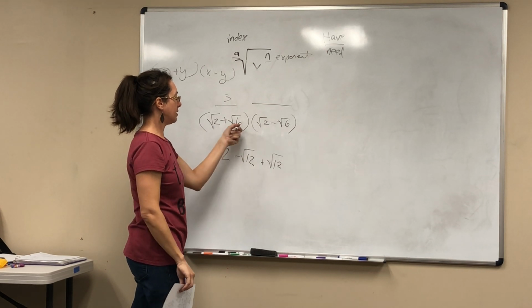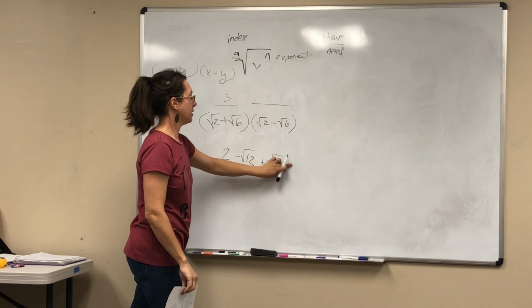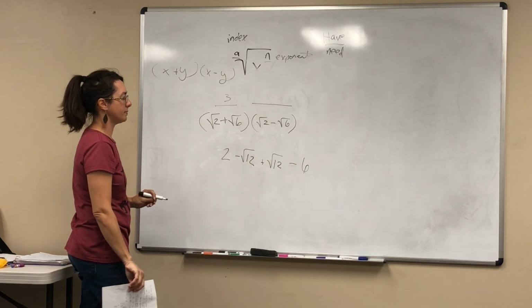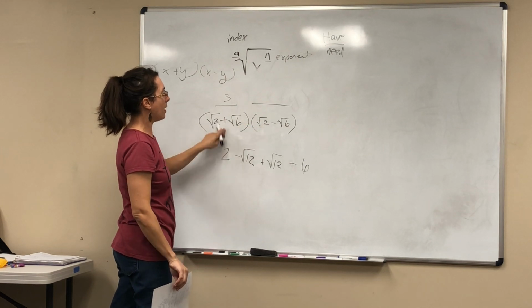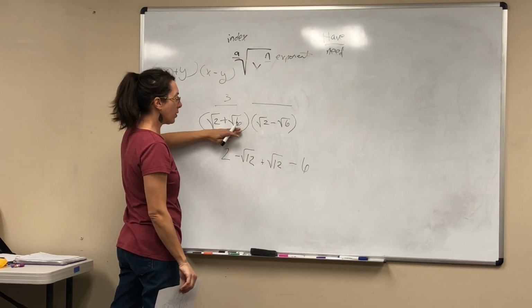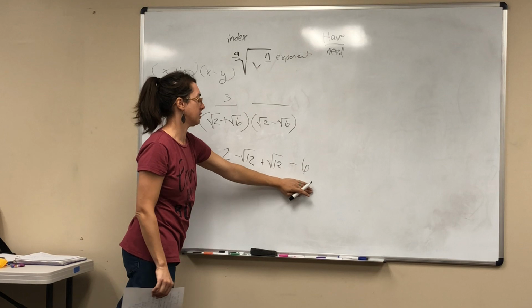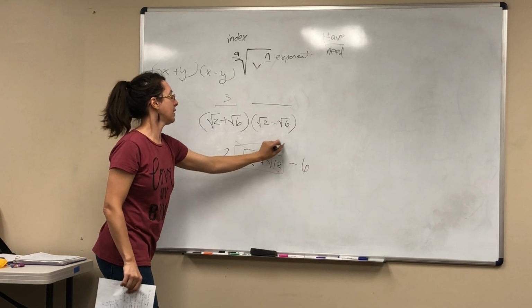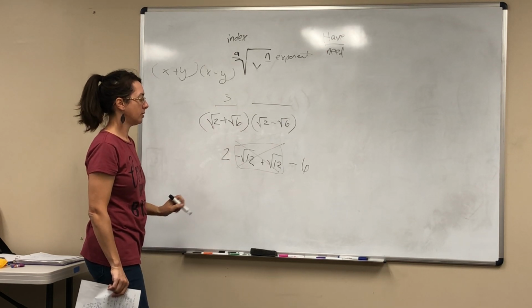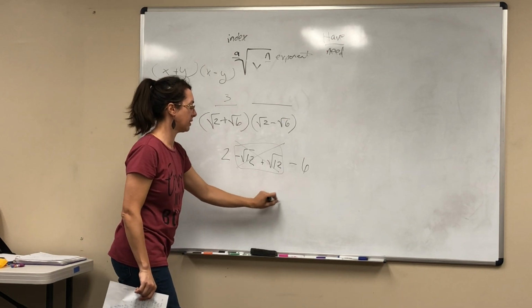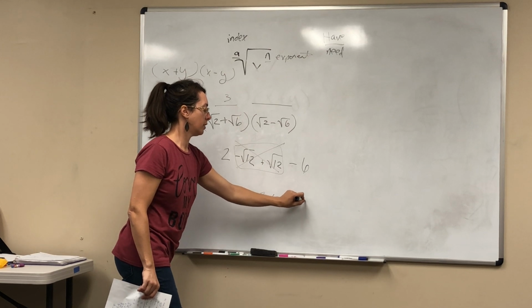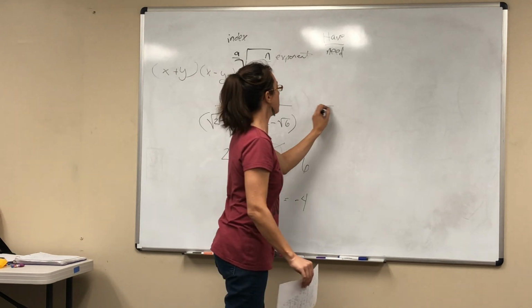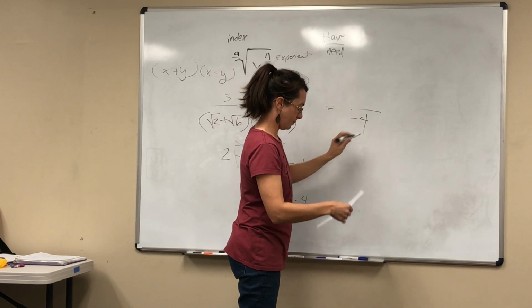My last, keep your signs the same: a positive times a negative is a negative. The square root of 6 times the square root of 6 is 6, so negative 6. Negative square root of 12 and positive square root of 12 cancel each other out. So now I have 2 minus 6 equals negative 4. This is my new bottom.